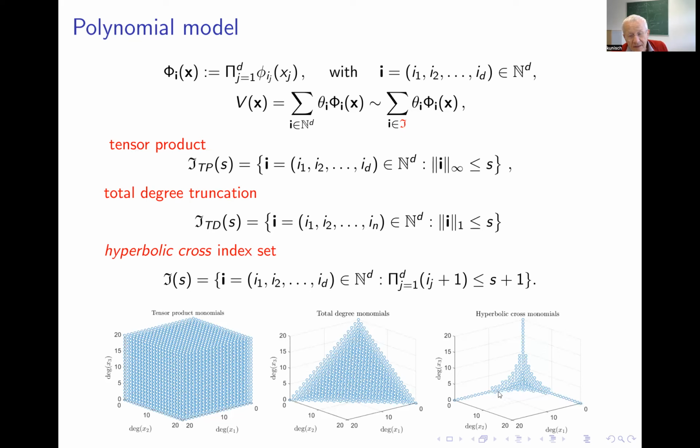This favors monomials which have high degree in one direction only, and the other degrees are smaller. And this only has polynomial, logarithmic complexity. I don't give the formulas here, but the difference between the tensor product and the hyperbolic cross is significant. We use the hyperbolic cross index set with monomials or Chebyshev.